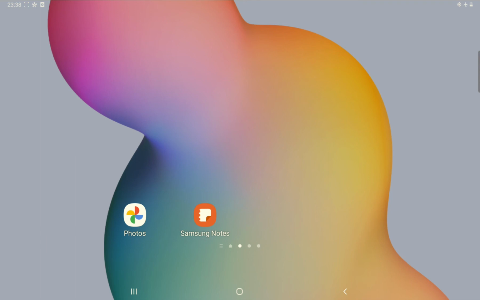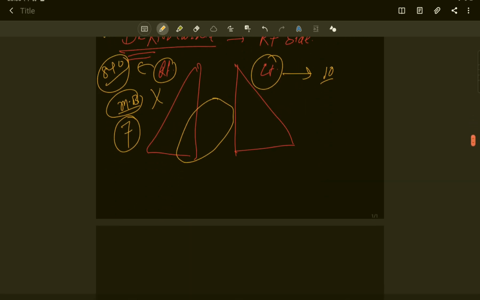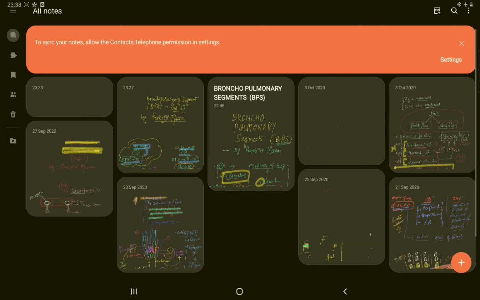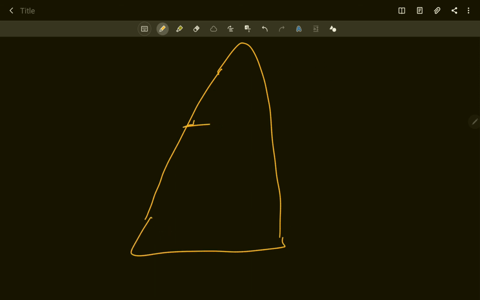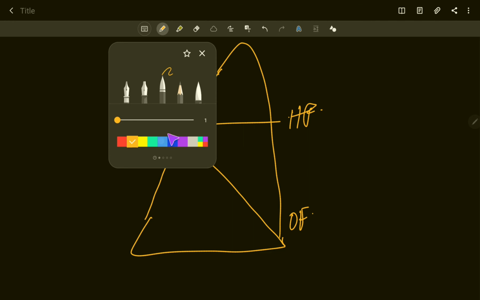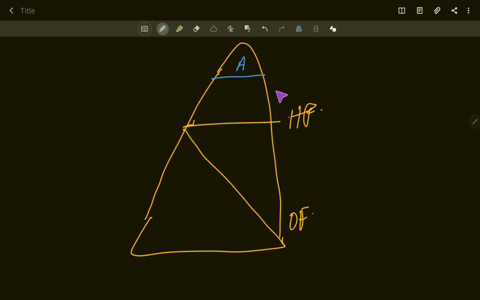Just one drawing which I want to add here for your understanding, a schematic representation. Here you can see the right lung, the horizontal fissure, the oblique fissure. This is the apical, anterior, posterior.